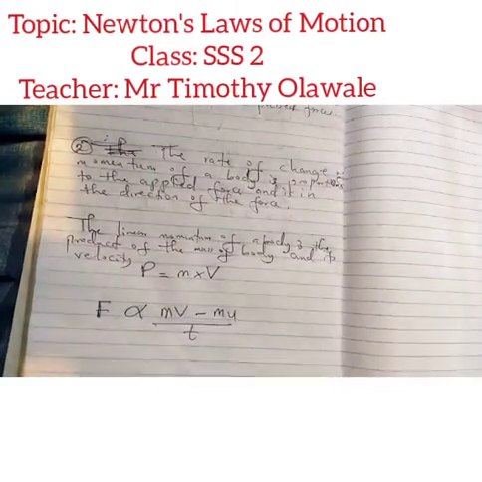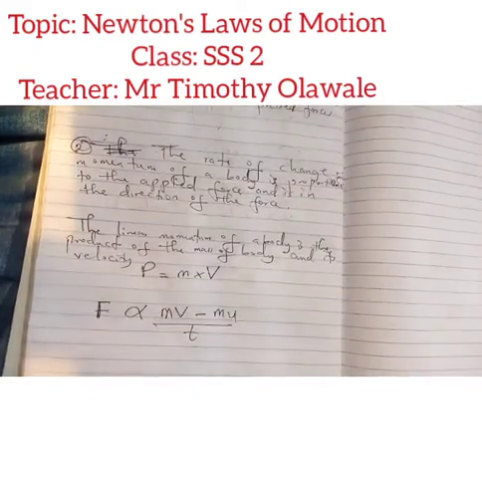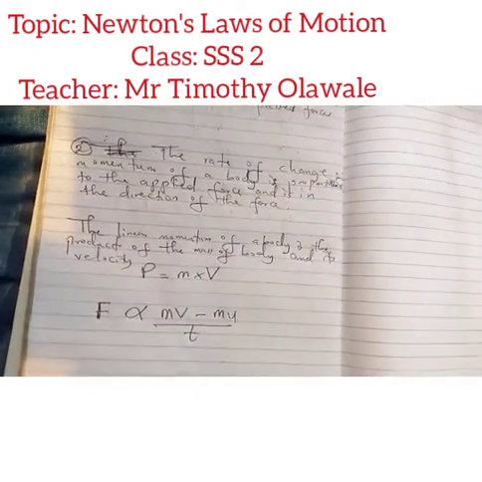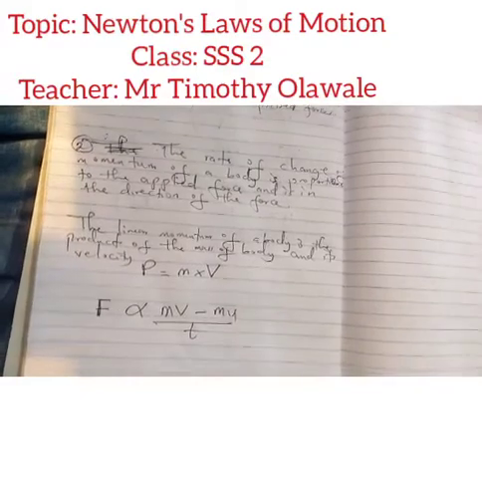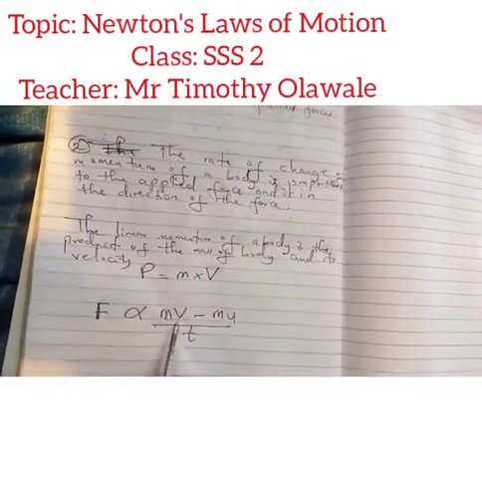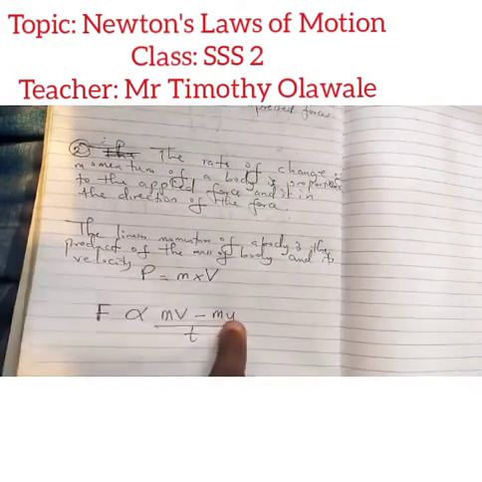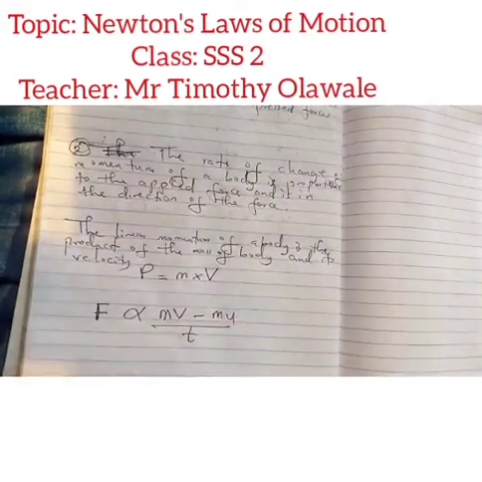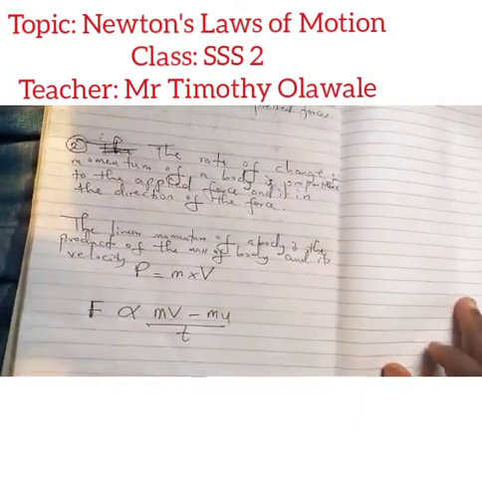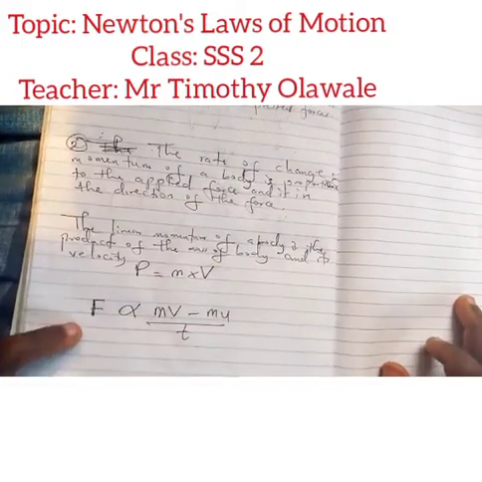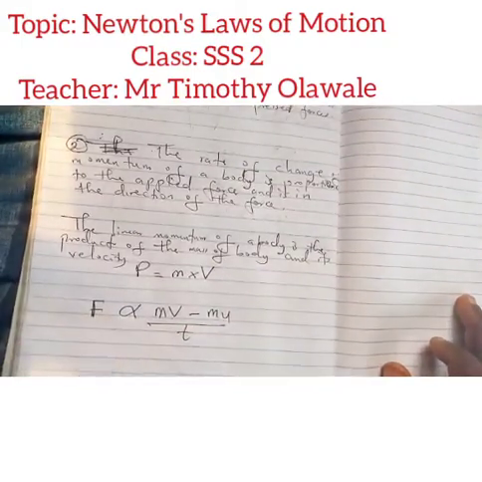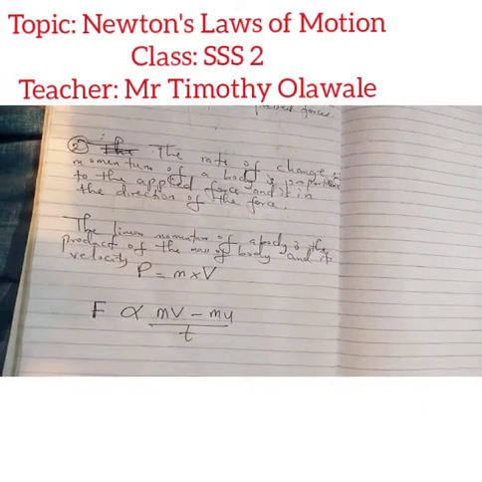The word rate tells us that time is involved. That's why we said over t. mv means the final momentum, mu means the initial momentum. So F is directly proportional to mv minus mu over t.